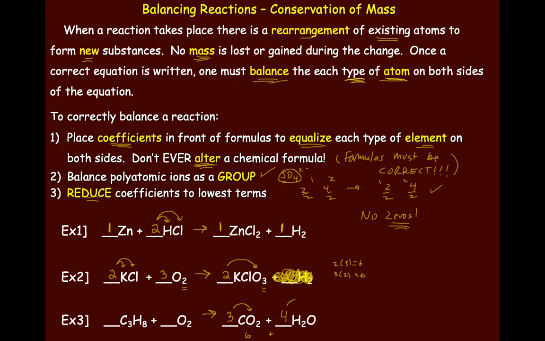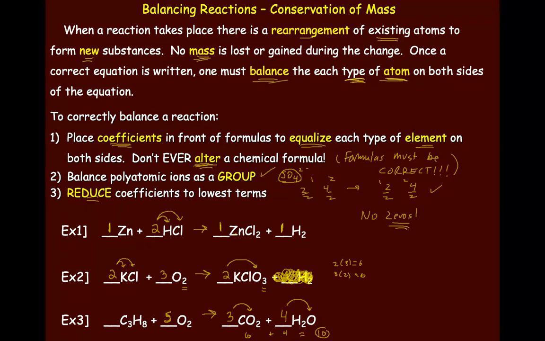So this would be 4 times 1, right? Because it's 1, which would be 4, and that would be a total of 10 total O's on this side. And if we look at the other side, we already have a 2. So 2 times what number would be 10? And we'd have to do a 5.